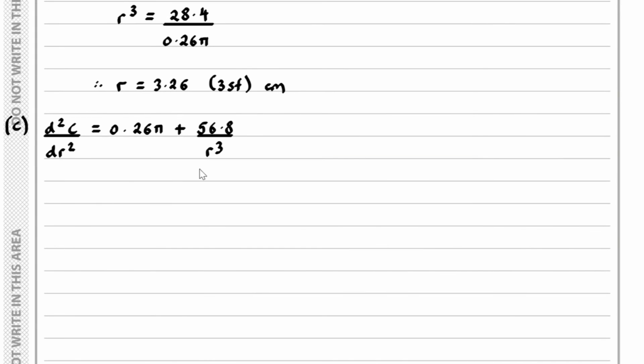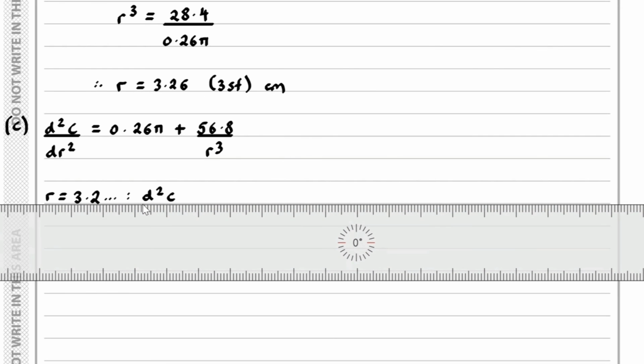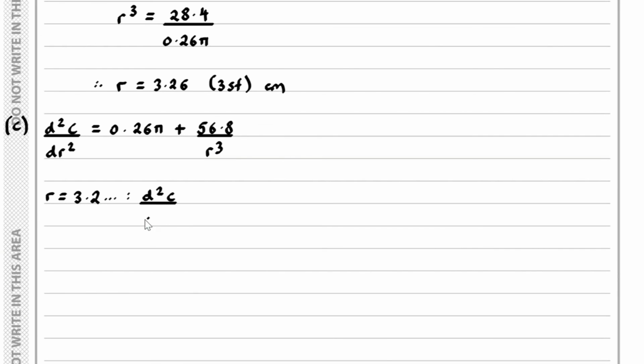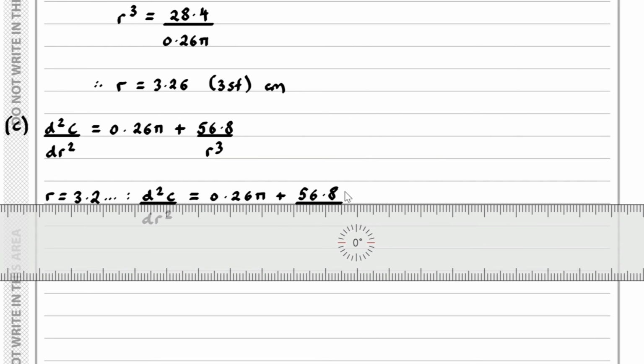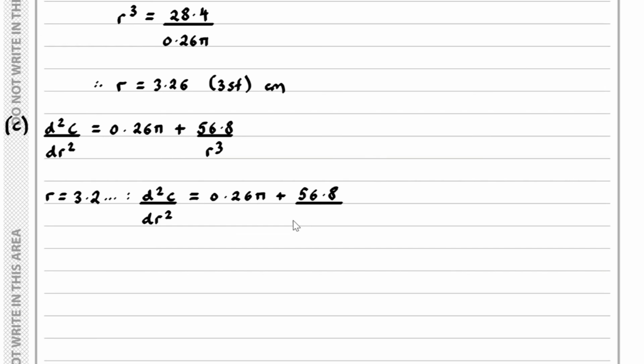And so now that I know what d squared C over dr squared is, let's see what happens when r equals 3.2, etc. In this case, d squared C over dr squared is equal to 0.26 pi plus 56.8 divided by 3.2, etc. cubed.